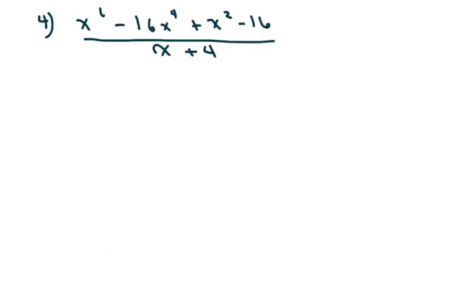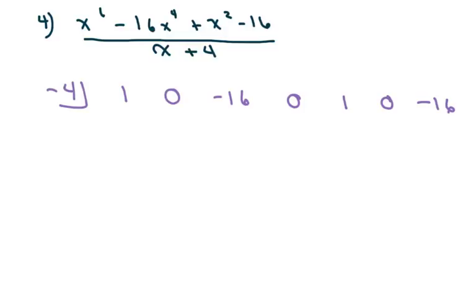We've got 2 more to go, and I'm going to just go ahead and go a little faster. We don't have an x to the 5th. We don't have x cubed. We have 1 x squared. We don't have x to the first.